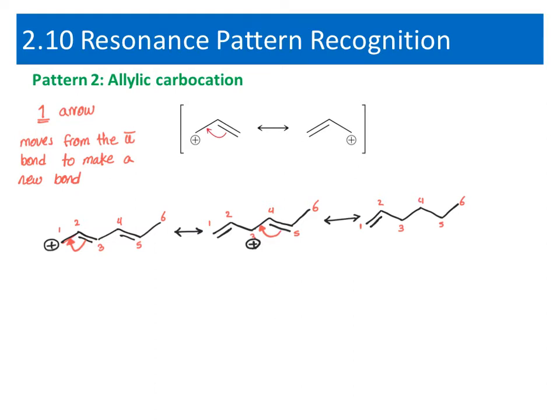Now in here, the double bond now moves to make a double bond between carbon 3 and 4. And then the carbon 5 lacks the electron, so it gets the plus charge. Okay, so these are all three resonance structures that we can draw for this molecule, and always after drawing the resonance structure, remember to put them in bracket.